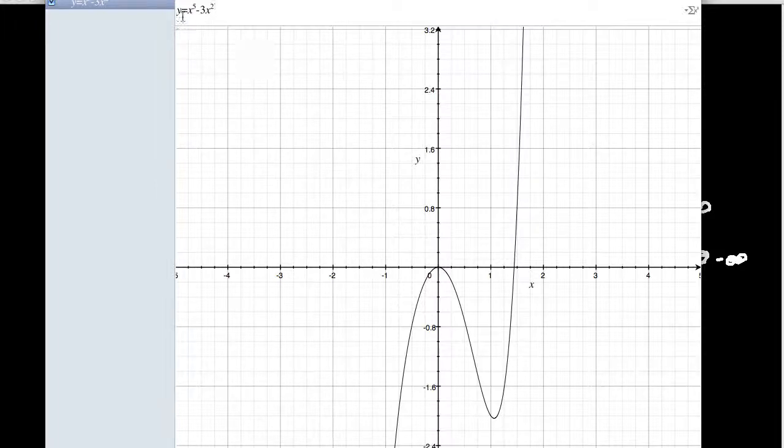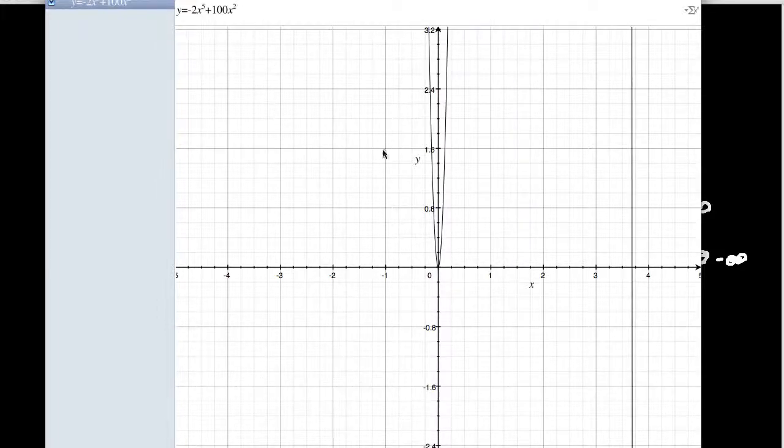Same thing if I put a negative 2 here, and let's make this plus 10, plus, let's make it a plus 100. Now let's see what happens. Well, you can't quite see it, but this is shooting up there, and then it turns around and comes back down.